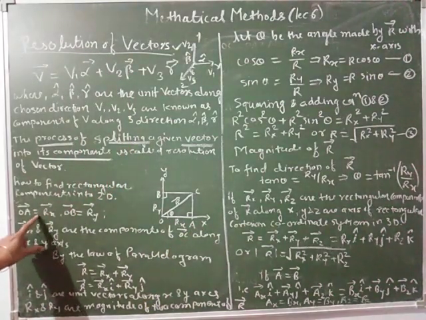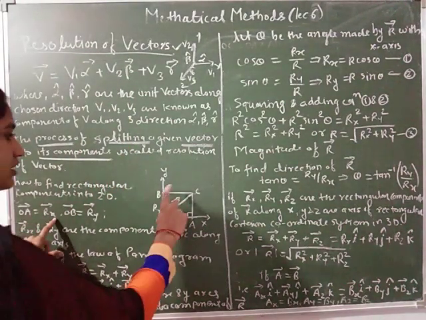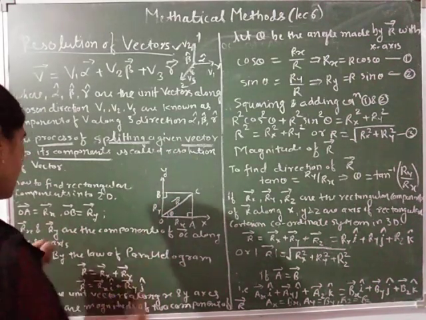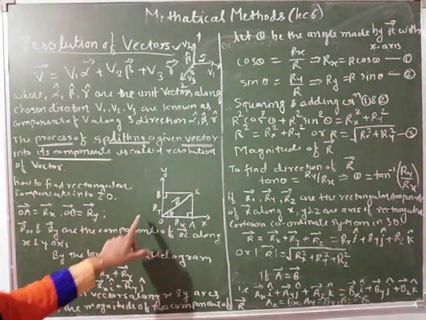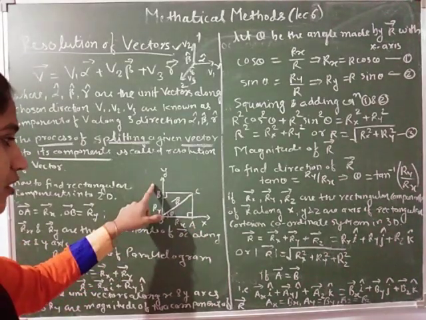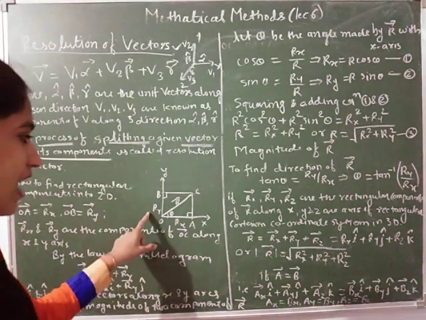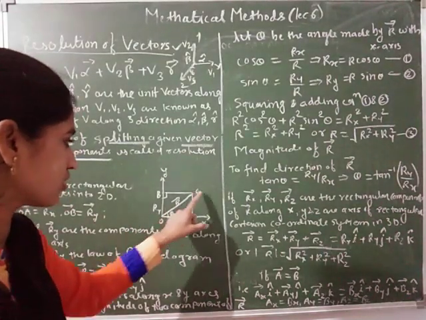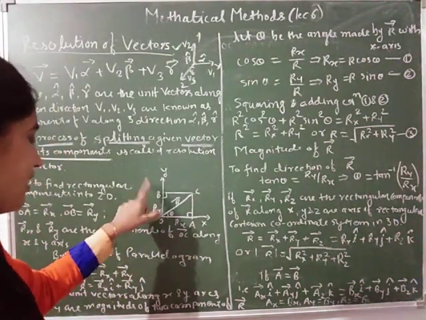Now vector OA is equal to vector Rx, vector OB is equal to vector Ry, where Rx and Ry are the components of vector OC along the x-axis and y-axis.